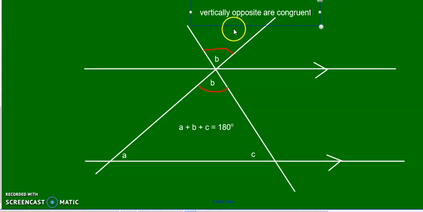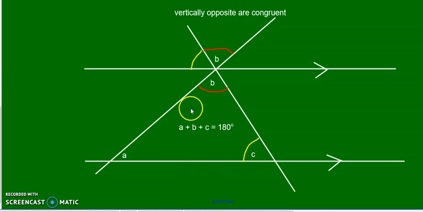So that's what we use here to show that these two angles B and B are the same. And now let's look at angle C over here, and notice that this angle and this angle, well, they look the same, and they are the same, and there's a reason for that.